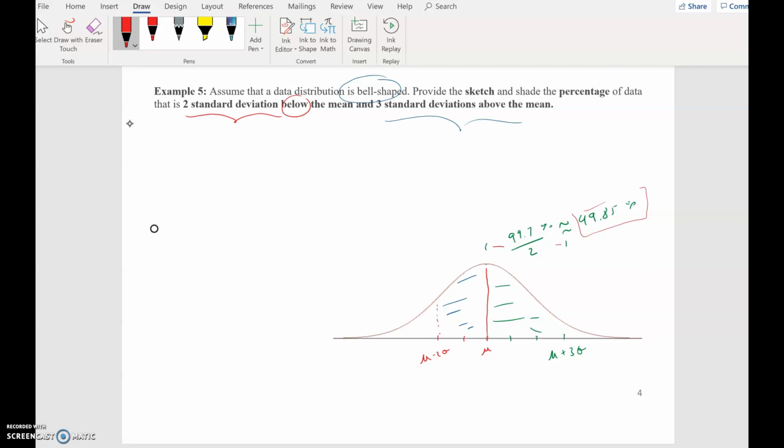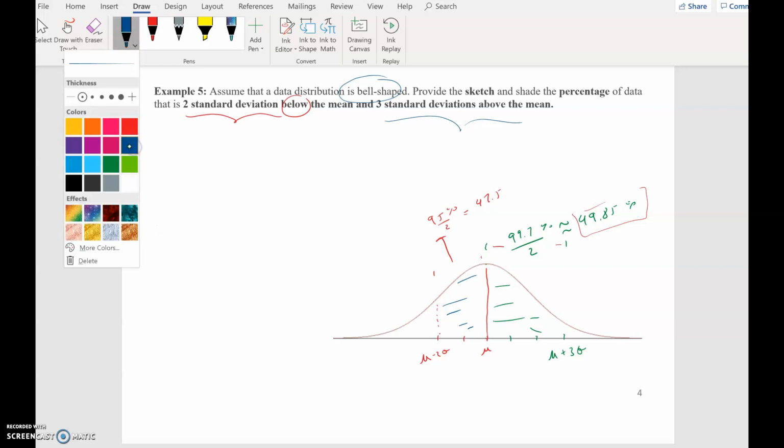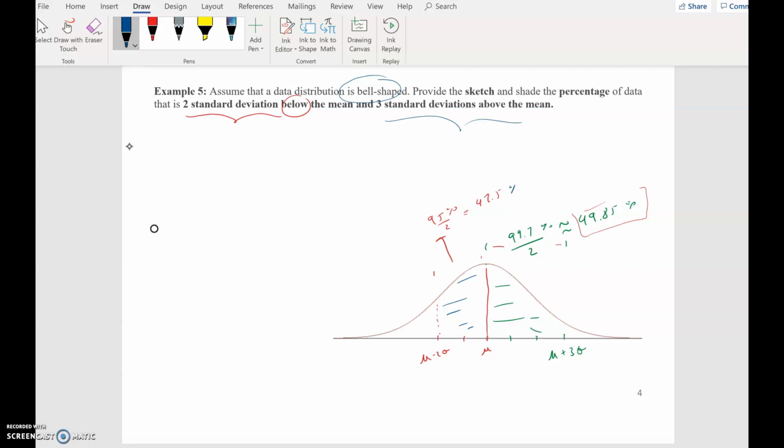The below one, so this portion from here to there, it's going to be half of 95%. So 95% divided by 2. This is 47.5. So that's going to be half of the portion that's technically below.